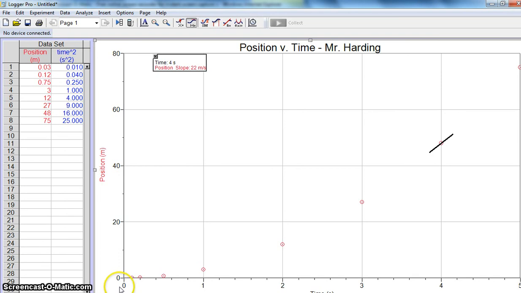You're going to have to pay attention over here where my mouse is right now. In the bottom left corner of the screen, you can see just a hint of it there, but it gives you the x and y coordinates for where my mouse is presently located. And it would appear that 22 meters per second is the velocity at 4 seconds. I could also consider 22 meters per second to be the velocity at position 48.2 meters. So that's another way that you can get a little bit more information off of the graph.